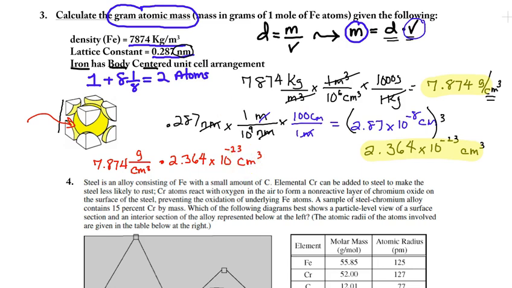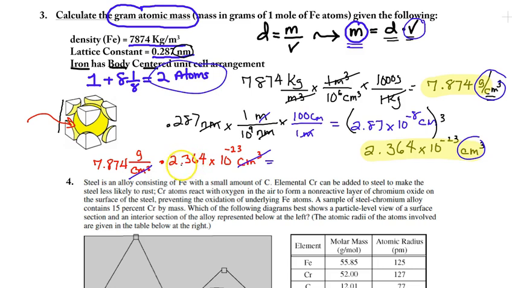I know I'm rewriting this stuff, but guess what? Centimeters cubed cancel. That's why I went to that unit. And when I do that, I'm solving for the mass of what? 2 atoms.